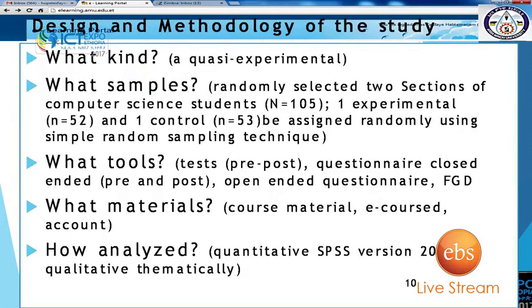So I took the sections as they are, and that's why I'm calling it quasi-experimental. What samples? It was a random sampling in the sense that there were 5 sections. Among the 5 sections of computer science students, I took 2 randomly, and again randomly made them experimental and control group.